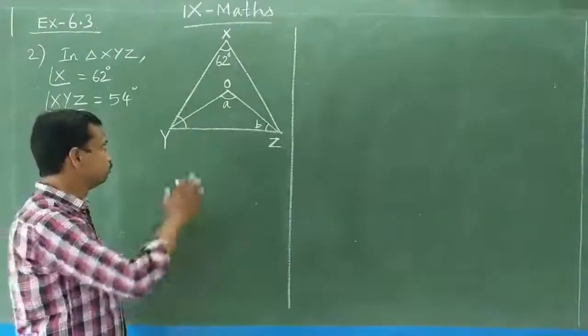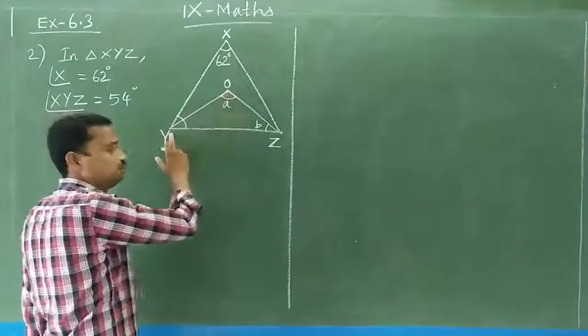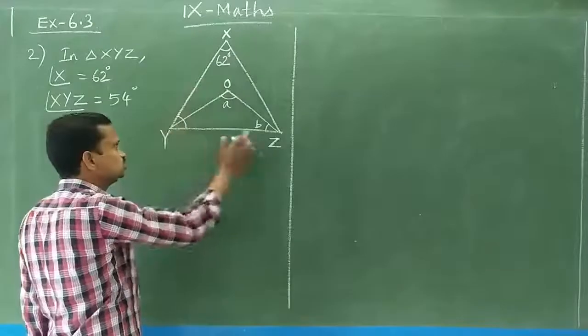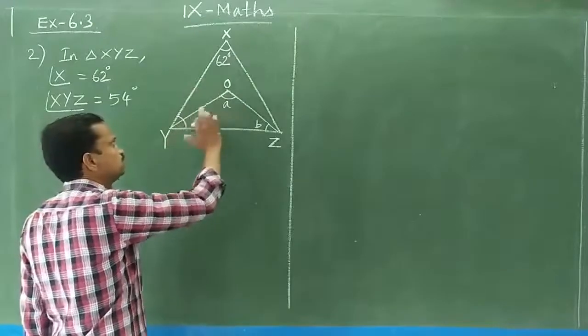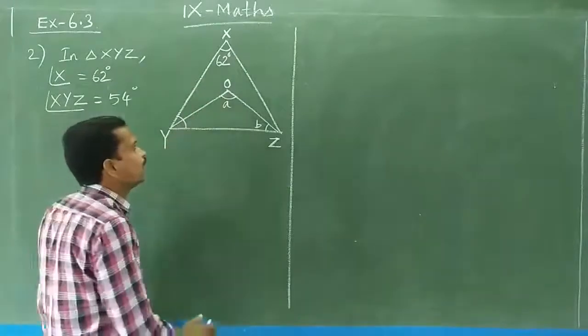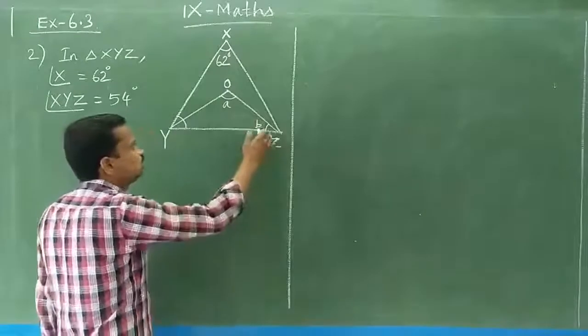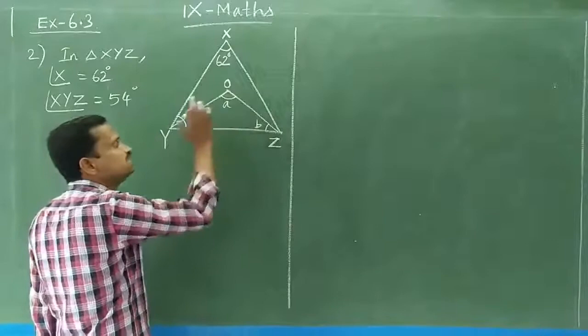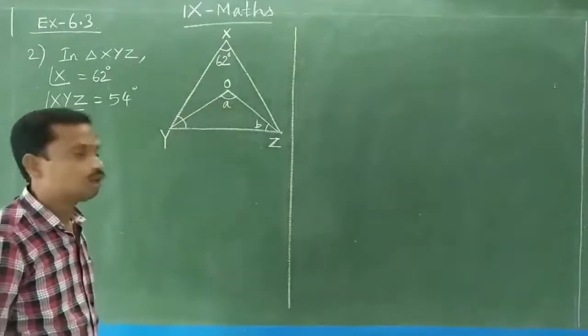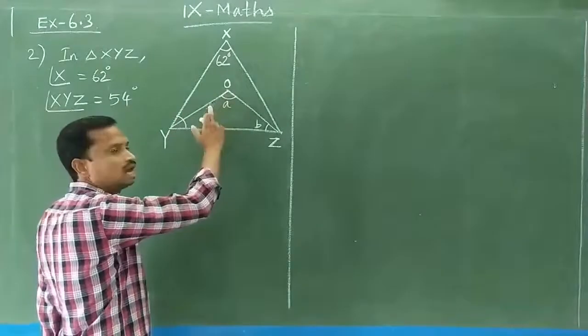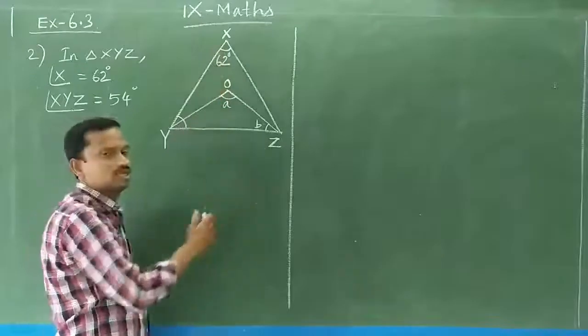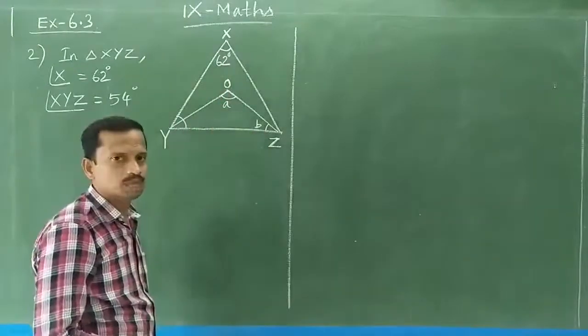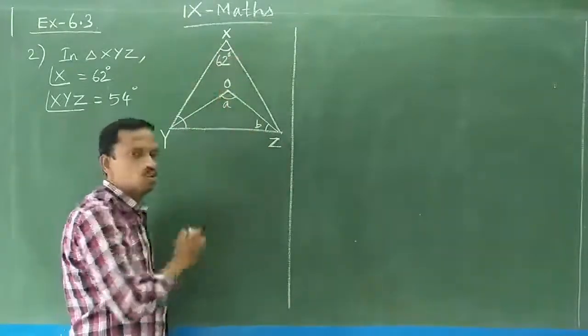Okay, because this is the bisector of this angle. XYZ's bisector, this angle bisector is OY, and this OZ is the bisector of angle XZY. So these two bisectors meet. This bisector is the angle bisector of XYZ, and OZ is the angle bisector of XZY.